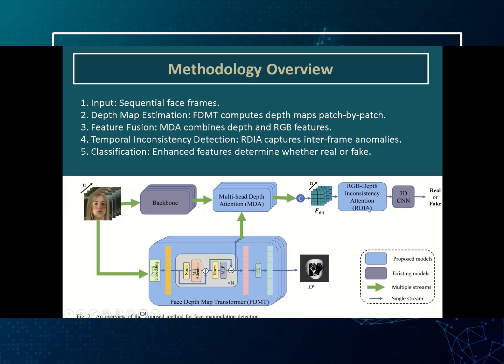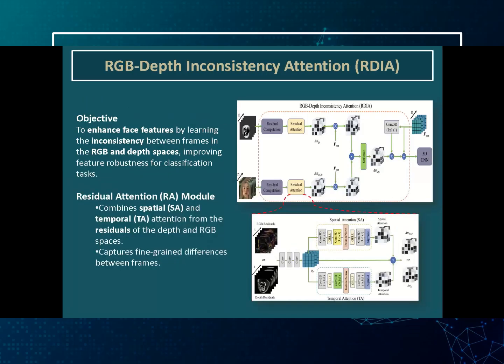What is RDIA doing? RDIA is actually finding the inconsistency between the frames, like the temporal and spatial connections. Here we will see the RDIA. The main objective is to enhance the face feature by finding the inconsistency between the frames.